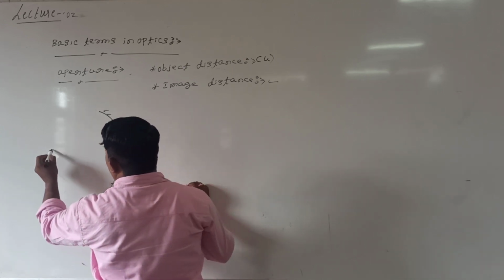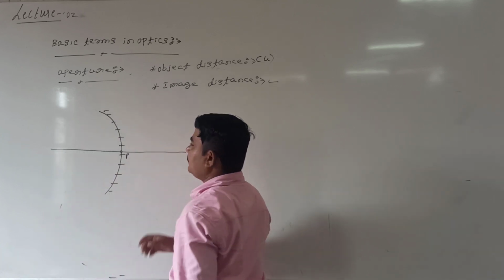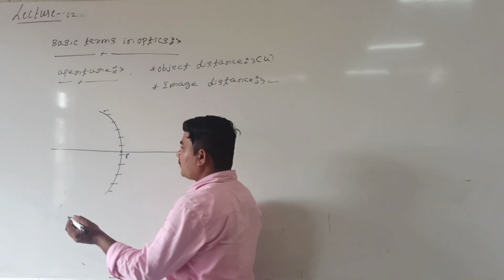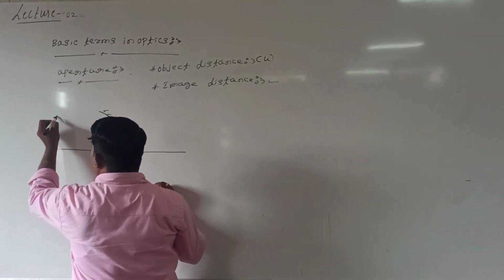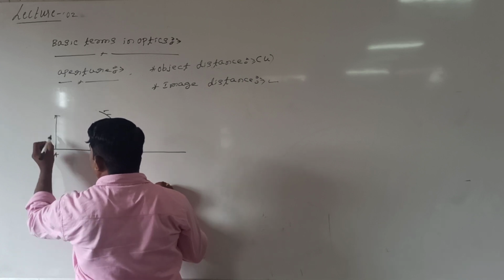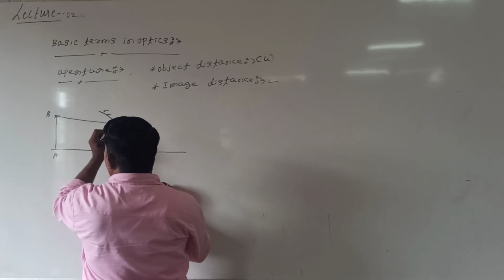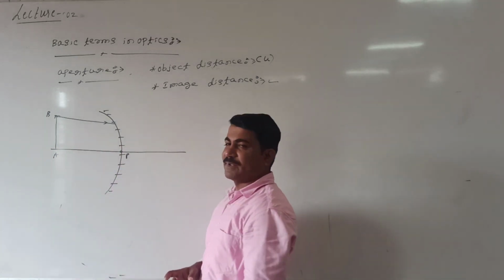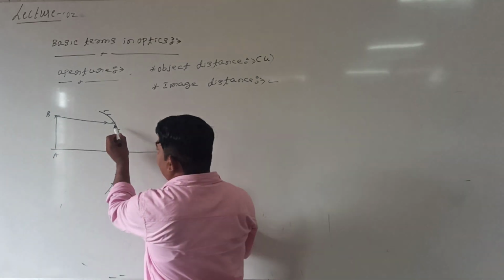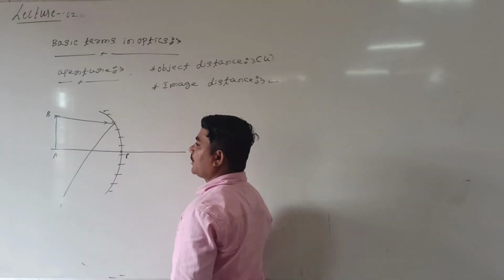This I can call the principal axis, and this the pole. Consider the object AB is available here. Now let us take one ray of light incident at this point. After incident, the ray of light is reflected like this.